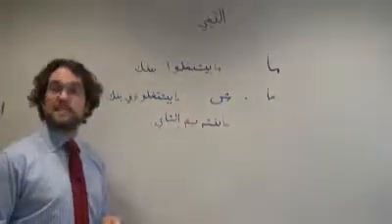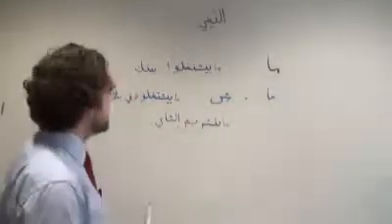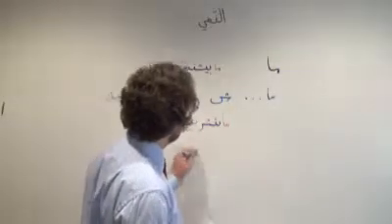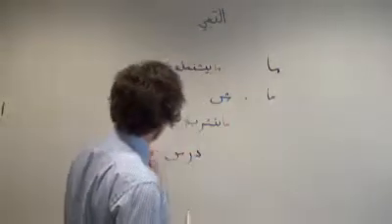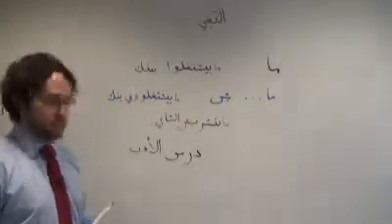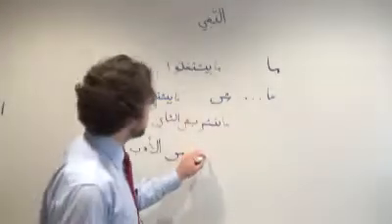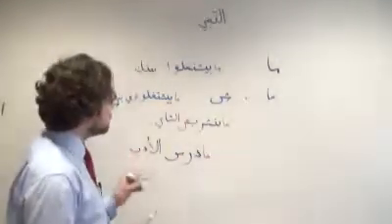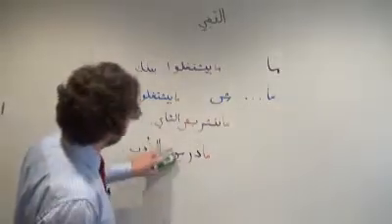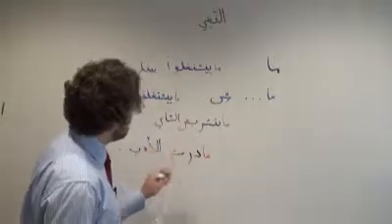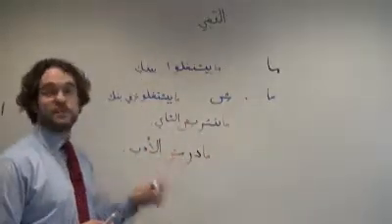In the past tense, it's the same thing. So let's just take one example. If we wanted to say, he studied literature. درس الأدب. Right? In Shami, we add that ma. ما درس الأدب. He didn't study literature. And in Masri, we would tack that sheen on to the end. ما درسش الأدب.